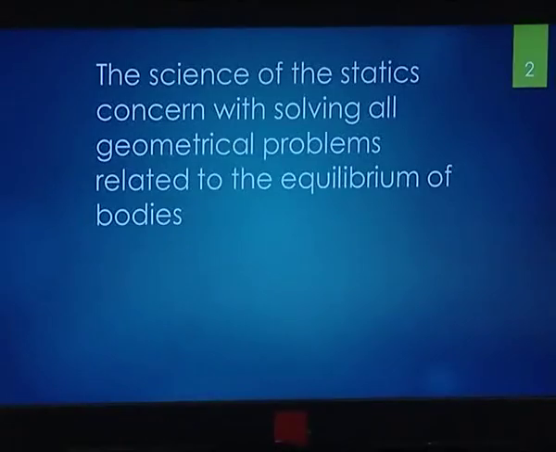Okay, so it is in equilibrium. So let's see the definition of the scientific statics. It is the science concerned with solving all geometrical problems related to the equilibrium of bodies.